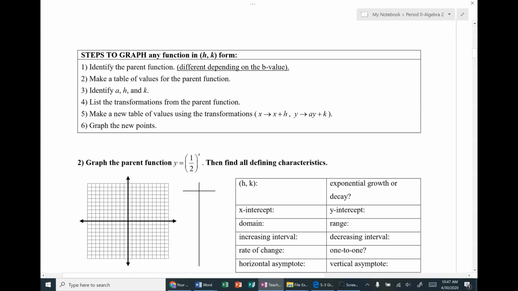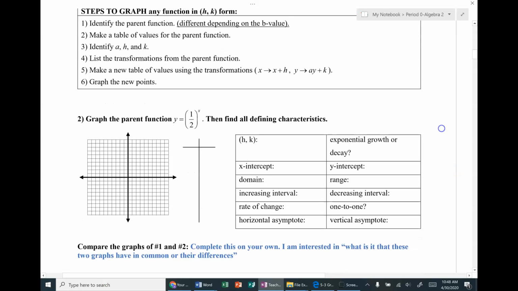Number 1, identify the parent function. Probably check for the base. Make a table of values for the parent, identify your a, h, and k, and list the transformations from the parent. Make a table of the transformation values by multiplying the a value, add or subtract the h and k values, and then plot your new points.